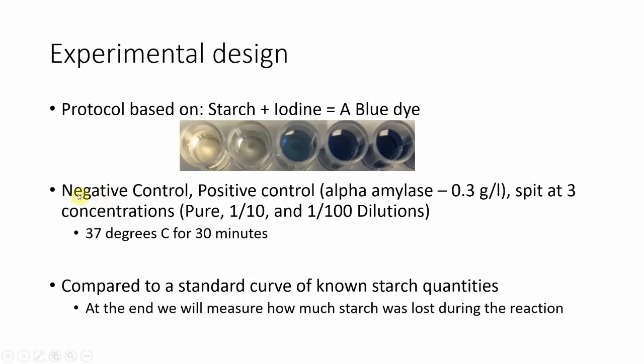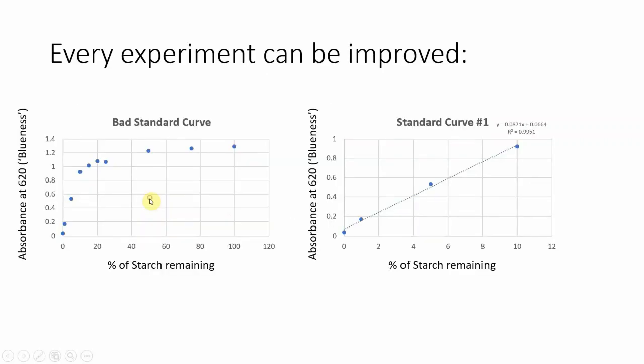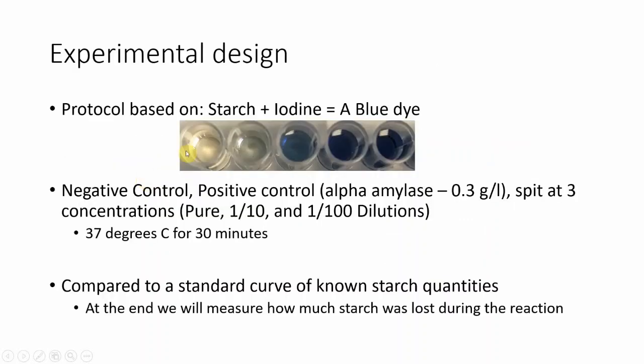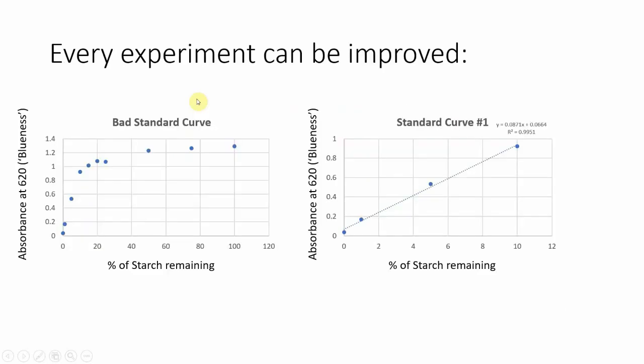We then add in a negative control, which is nothing, a positive control, which is an amylase I bought at the store, or we add in spit at three different concentrations: pure spit, spit that I've diluted 1 to 10, and spit that I've diluted 1 to 100. Then I incubate at 37 degrees Celsius for 30 minutes, and I compare this to known quantities of starch that I treated with iodine. So, a very simple experimental design.